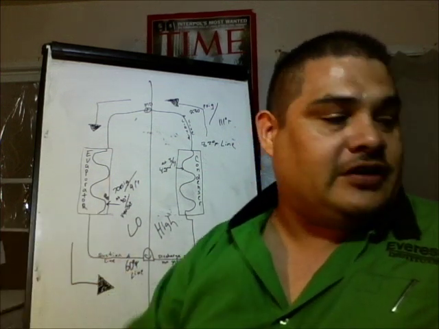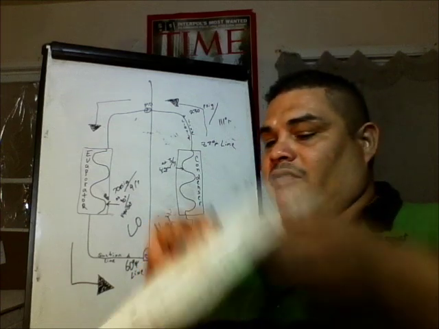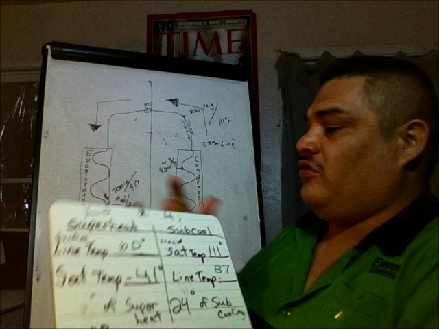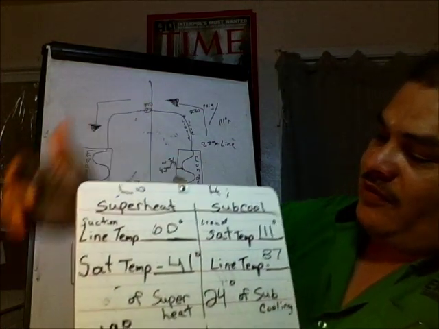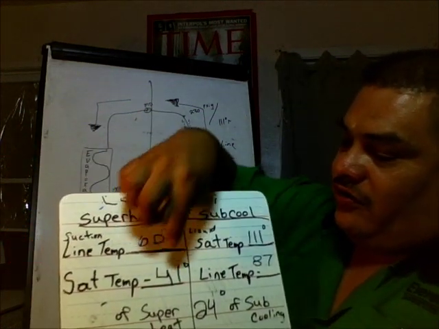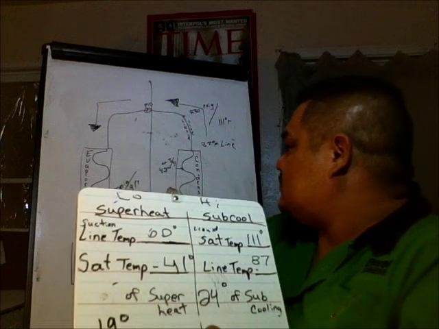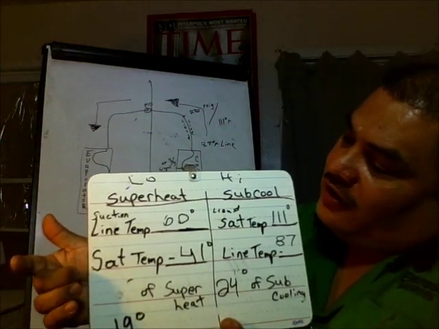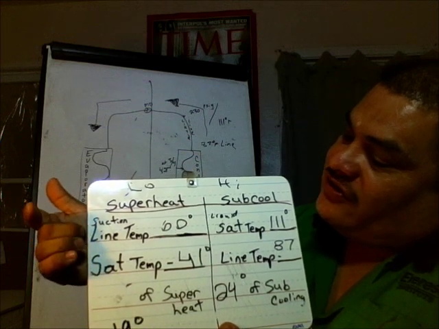So what I did is I already have here the formula for superheat and subcool. Here on your low side, I got my saturation temperature, and I put it here. That's 41 degrees. Remember, it corresponds with the pressure. This is temperature, not pressure. And then I got my suction line temperature.